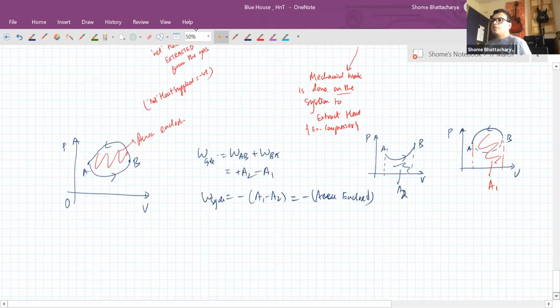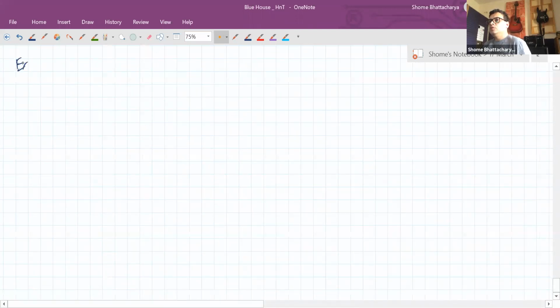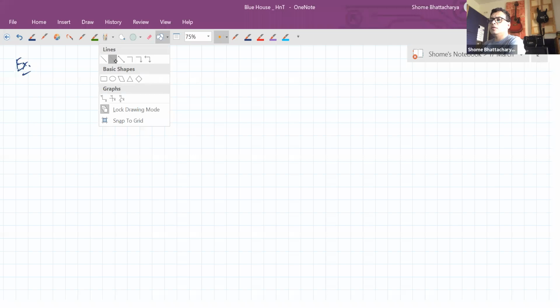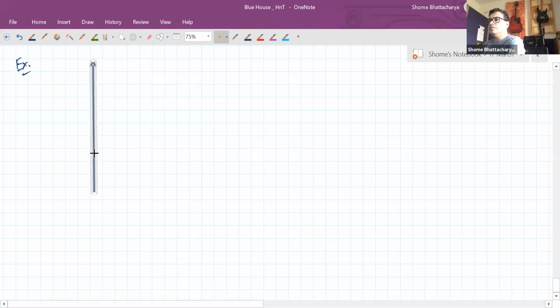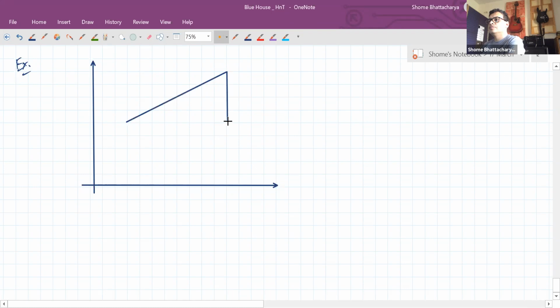Okay, let's begin with a very simple example. So we have a triangular loop like this.